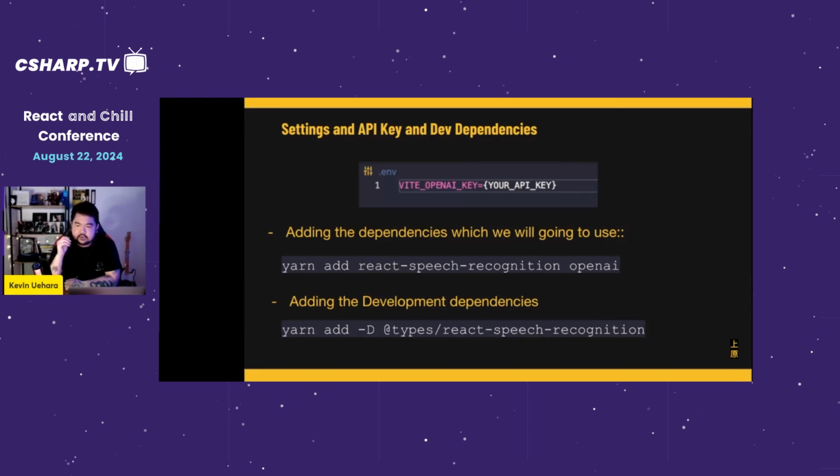And I will add some dependencies: React Speech Recognition and OpenAI. So we're going to use these two dependencies. React Speech Recognition is, as I said before, just to keep it simple. We can use the API natively, but we are going to use a library that will facilitate it and make it easier to explain.